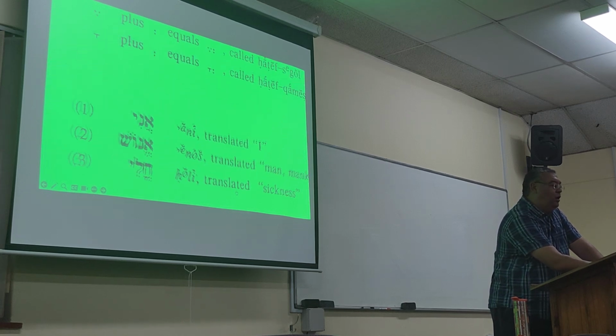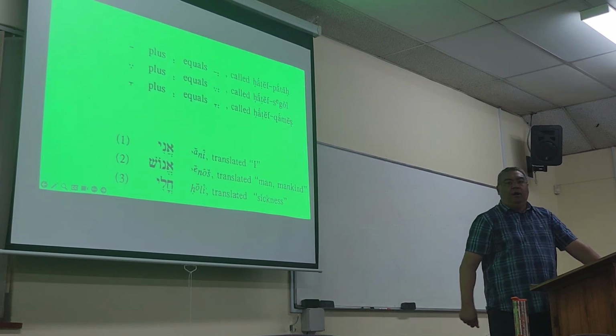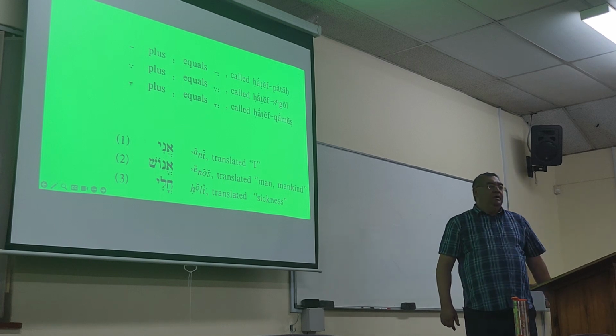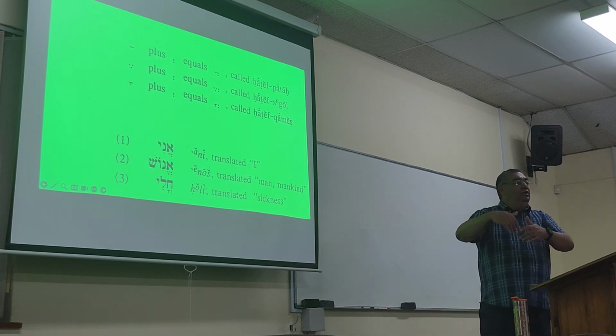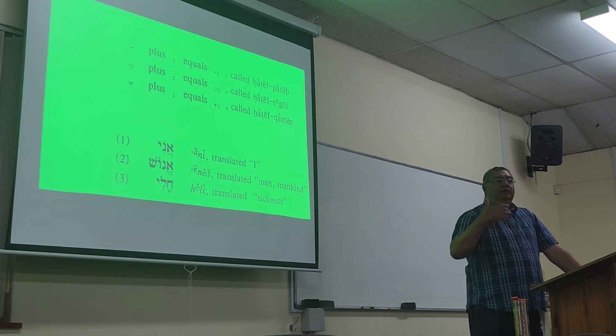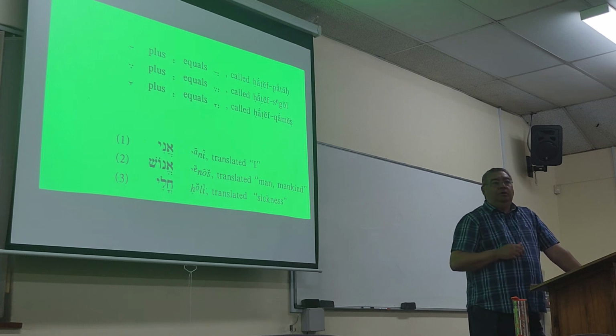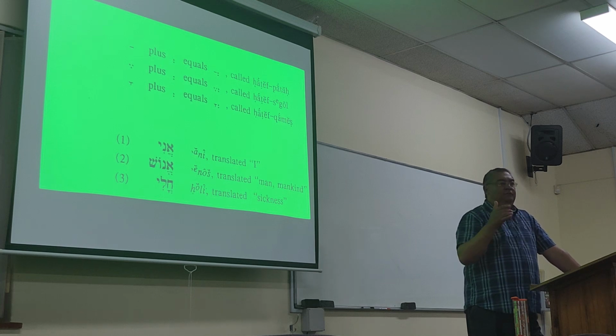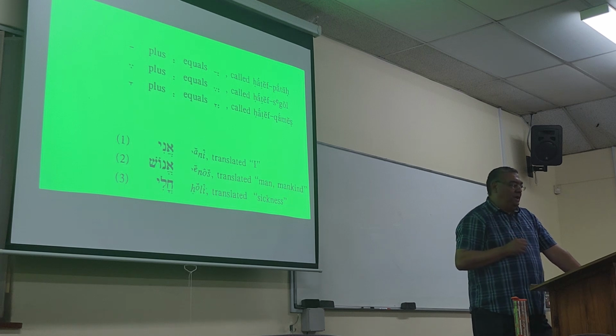And those are your 4 half vowels. Shava combined with your short full vowels to give you quick versions, the quickest possible versions of those sounds. Chatif Patach, which is a hurried Patach sound, Chatif Segol, which is a hurried Segol sound, and Chatif Kametz, which is your hurried Kametz Chatuf sound, which gives you your short O sound.